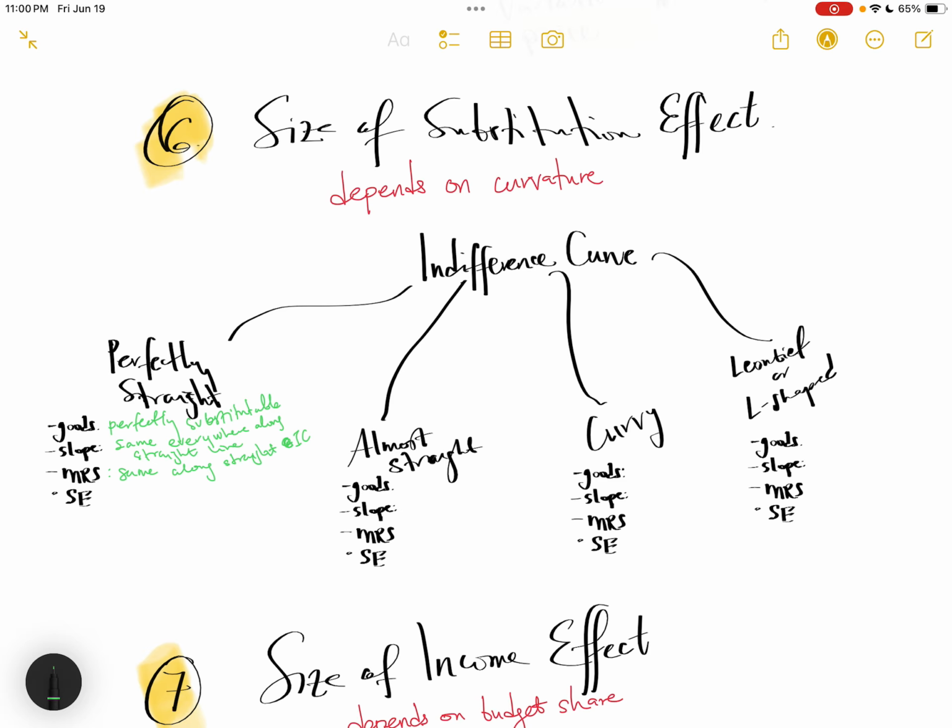You have a perfectly straight indifference curve, meaning that the goods are perfectly substitutable. So the substitution effect should be the largest. The substitution effect should be the largest for perfectly substitutable goods.